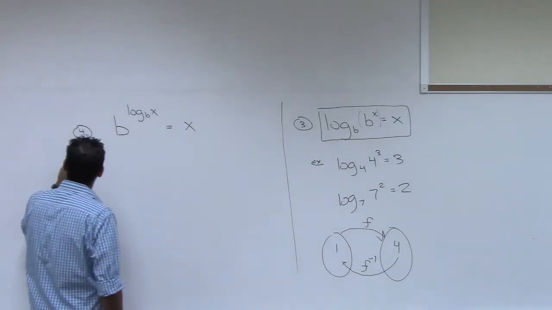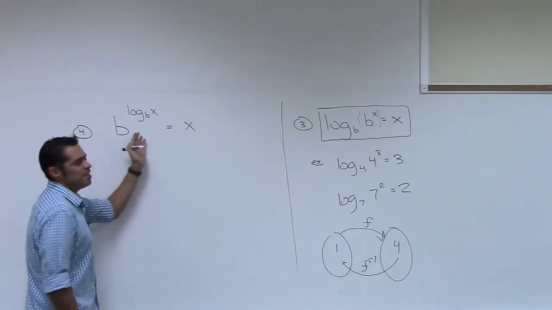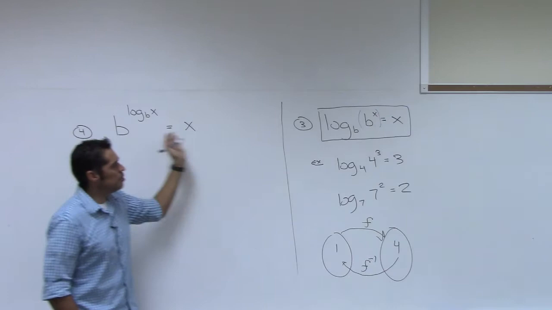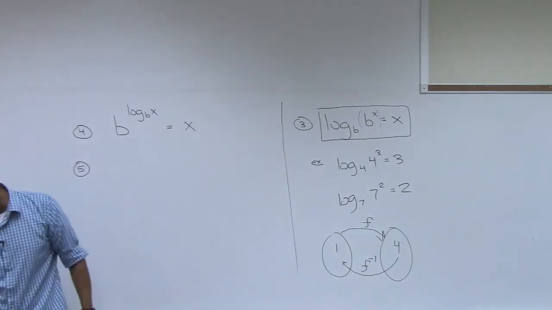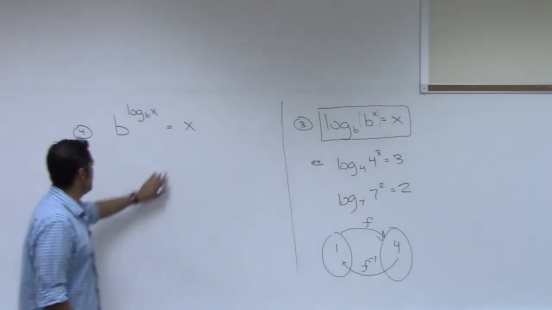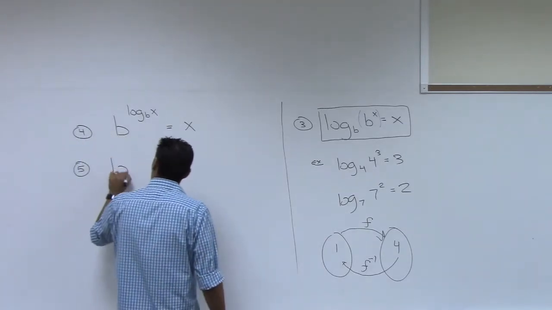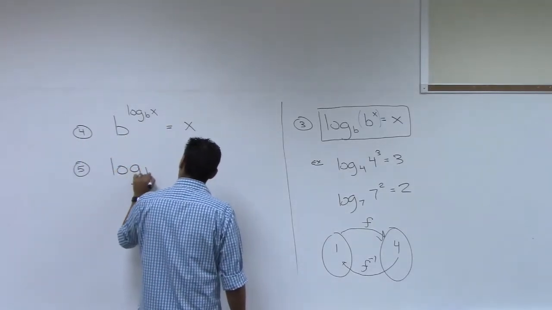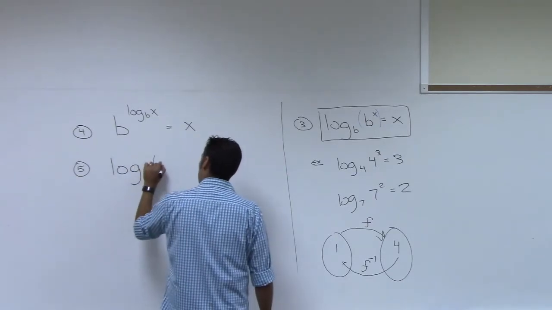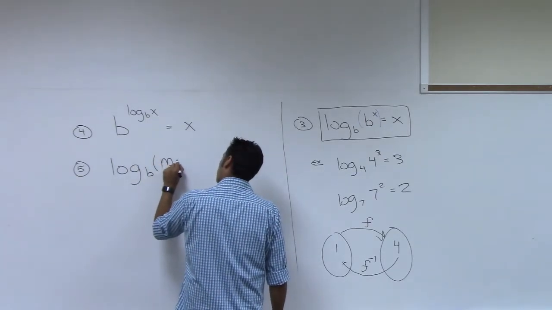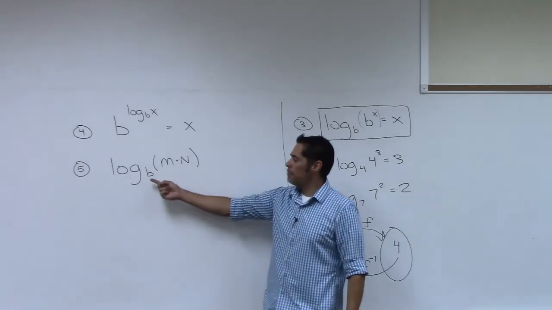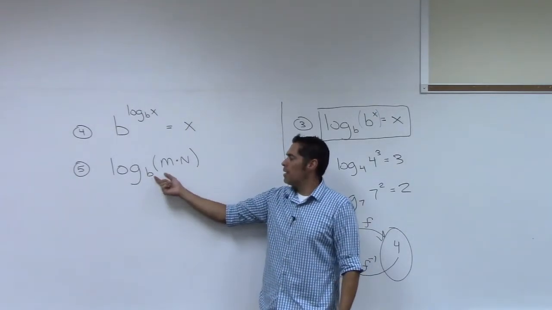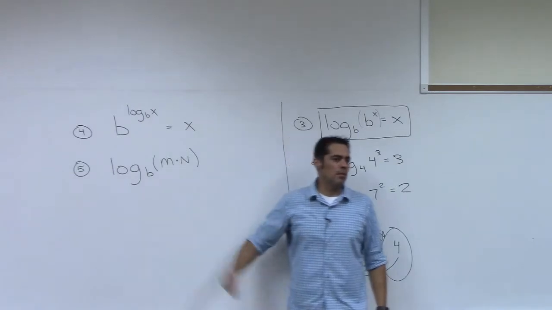All right, 5th one. We won't use this one that much, but it's a property, so I need to put it up there. All right, 5. This one is different, which is why students have trouble with it. What if you have a log, base b, and you have two things inside being multiplied together?